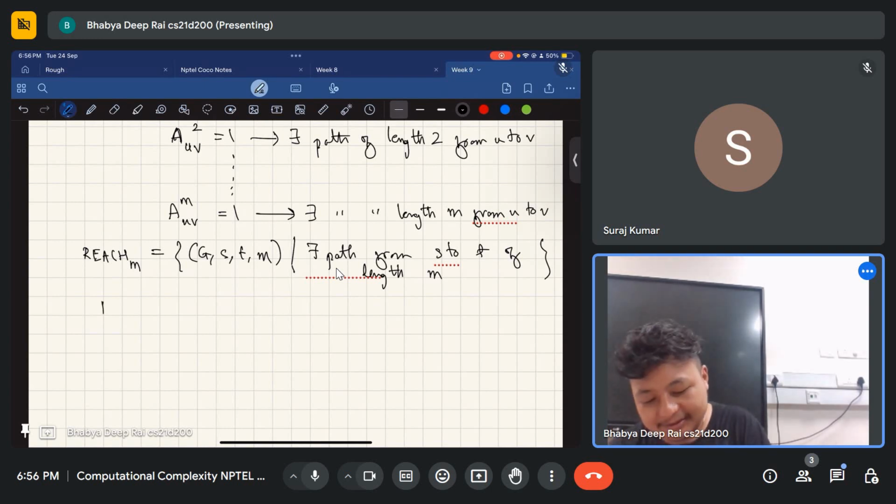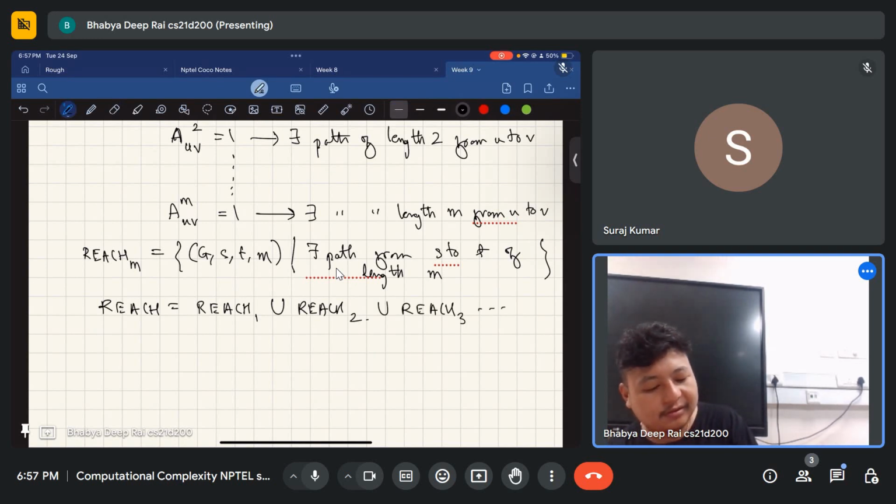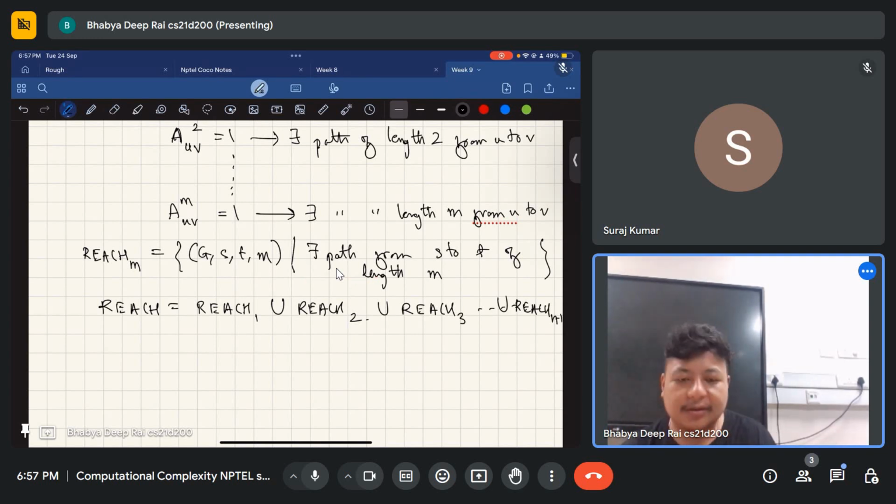Reach is like the union of all this. There may be a path of length 1, there may be a path of length 2, and it is still fine, and there may be a path of length n minus 1 to be exact.